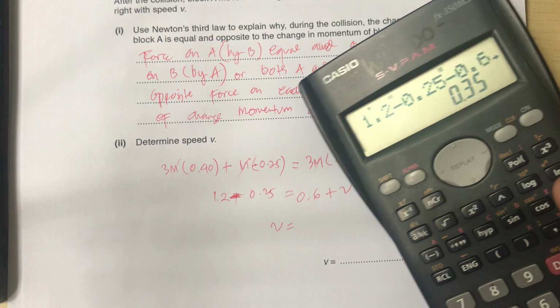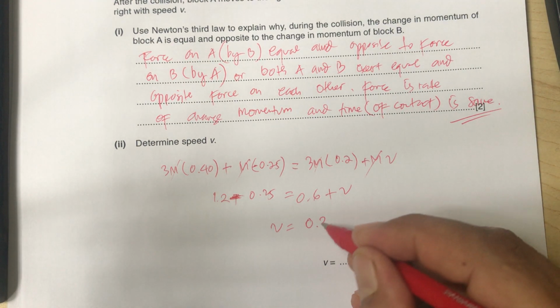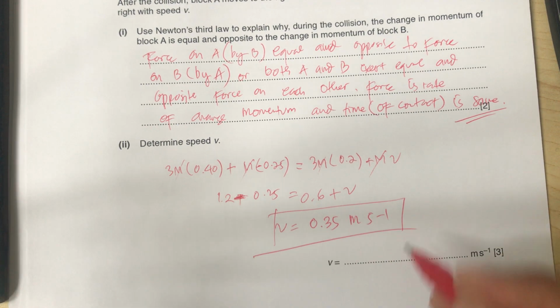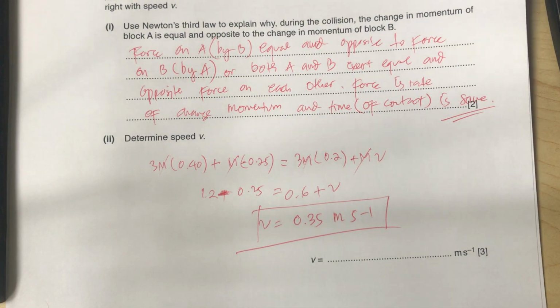Okay, we have 0.35 meter per second. Yes, this is the answer, velocity v, 0.35 meter per second.